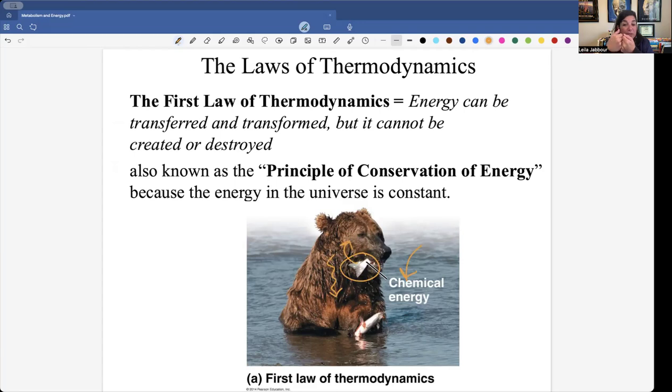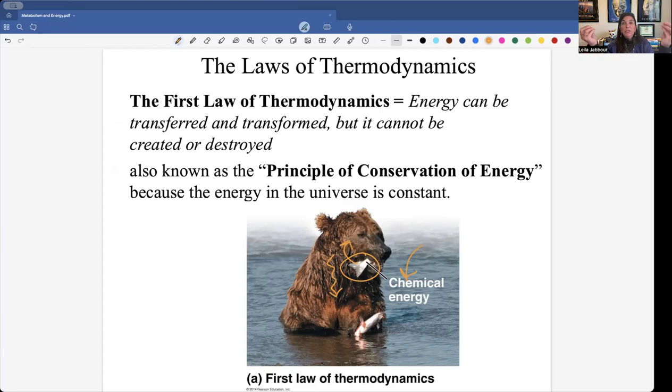So the energy is going to get transformed from chemical energy to potential energy that maybe will be in the form of the bear building up molecules to form bigger muscle mass.